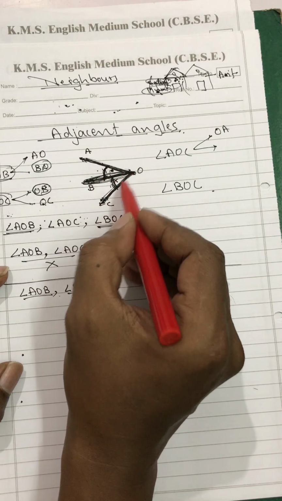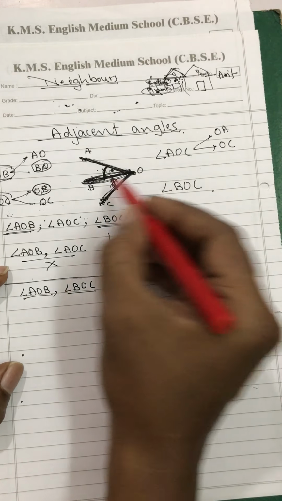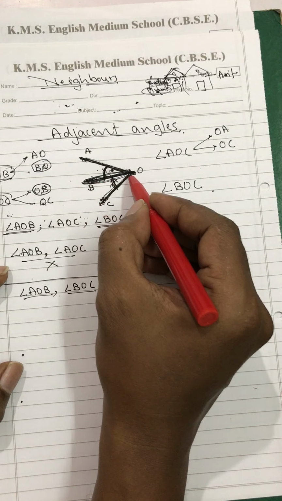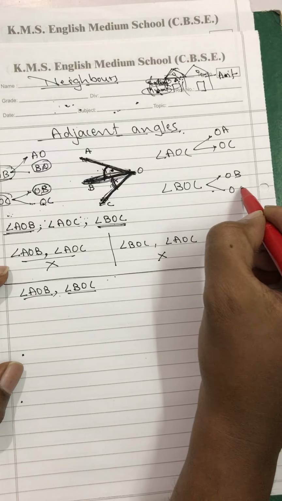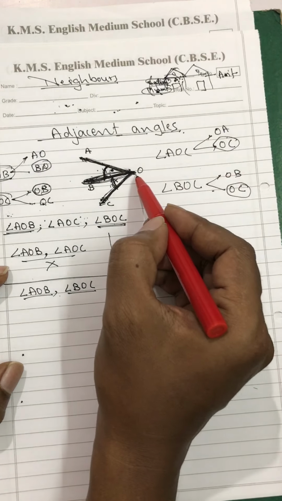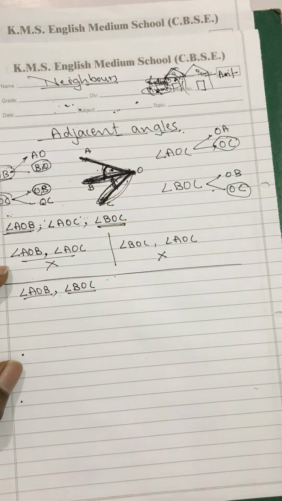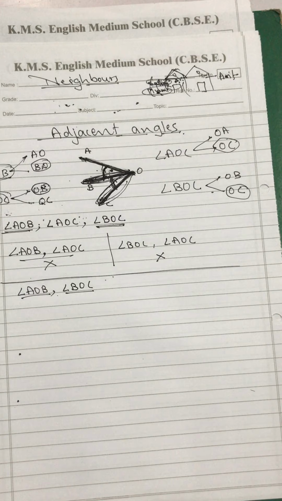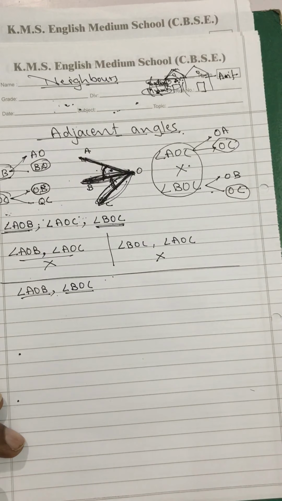The arms of angle BOC are OB and OC. The common arm is OC, but this common arm OC is not between the other two arms. It is on one side, right? So these two are not adjacent angles. This is one more way of understanding.